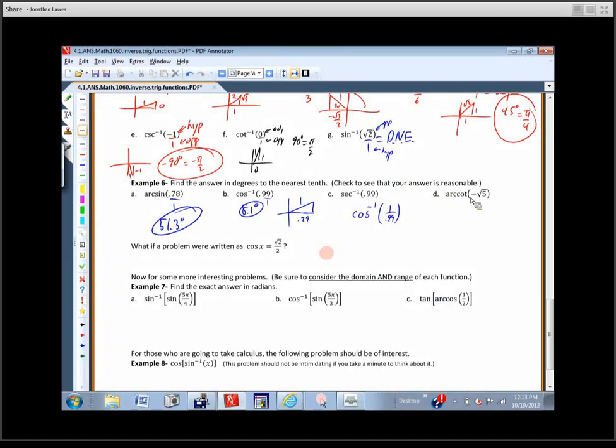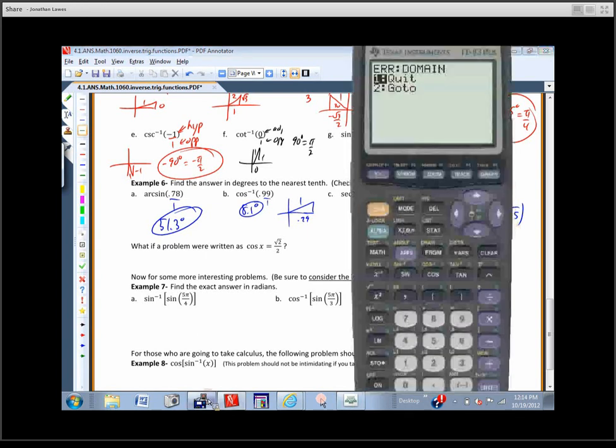Okay. To do cotangent inverse, now this said degrees, right? So we're going to do 90 minus the tangent inverse of that exact same ratio. So we'll just type that into our calculator.